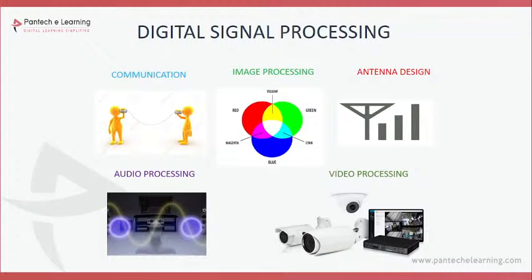Okay, actually, digital signal processing has these types of signals: communication and image processing, antenna design, audio processing, and video processing, right? So before knowing about this, we must know what a signal is and what a digital signal is, right?